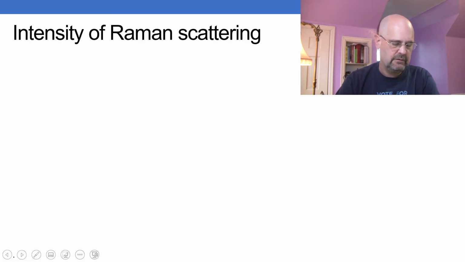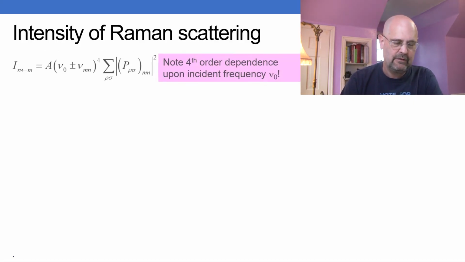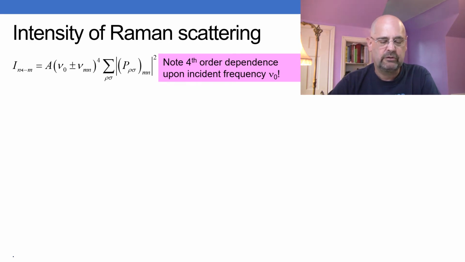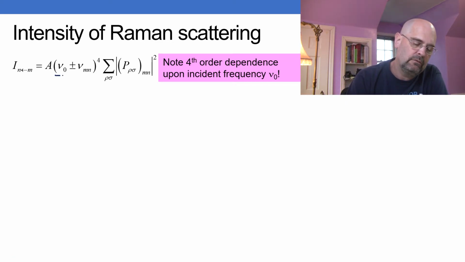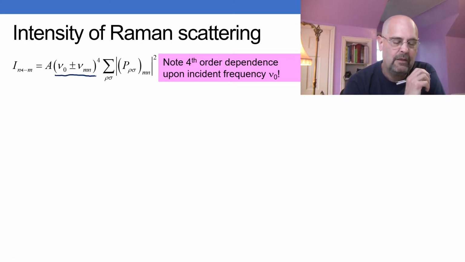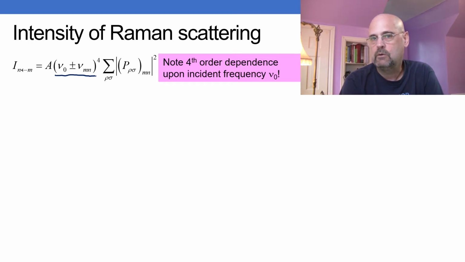Now, the intensity, here comes the math. The intensity is proportional to, first, a fourth order dependence upon the incident frequency. The nu_mn is the nu 0,1 that I had earlier. So there's the cofactor up front, and then a sum over all intermediate states.